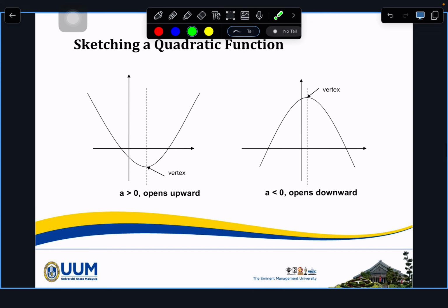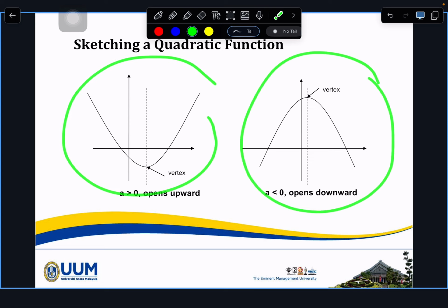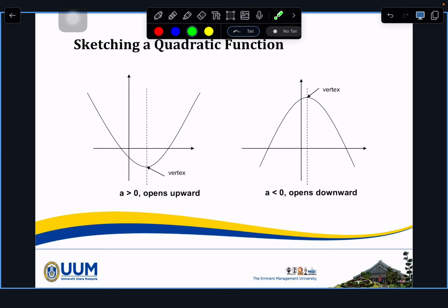Okay, so we have two figures here. Anything you want to comment, agree or not? Correct? The diagram is correct? Okay. So here we have vertex here. So what is vertex now? Vertex, axis of symmetry.